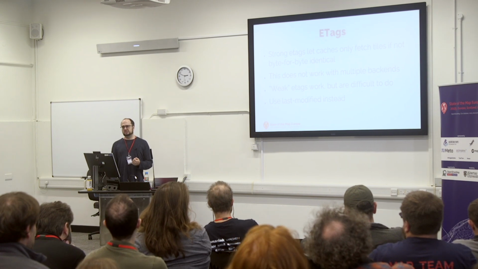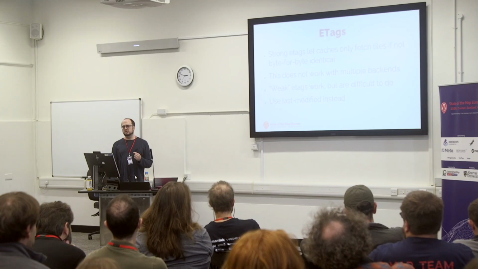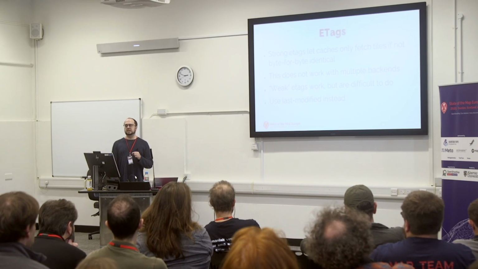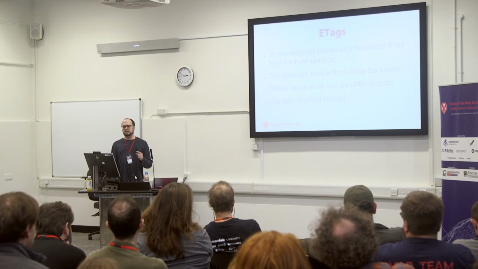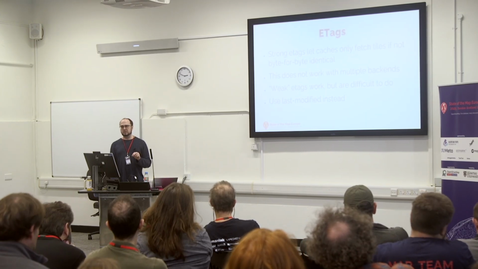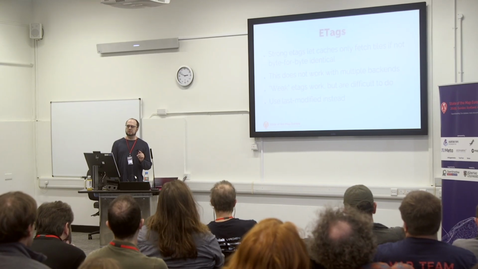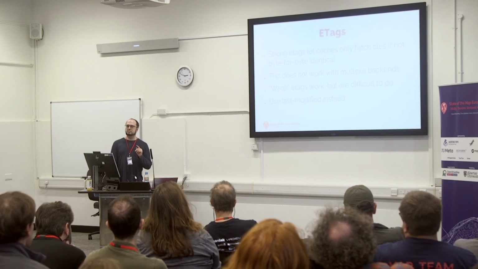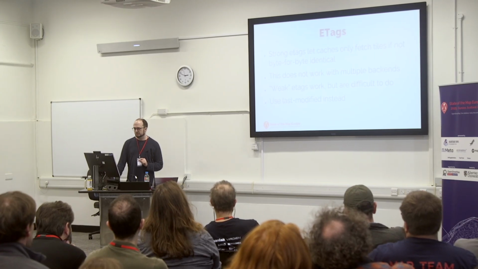The problem is that for various reasons, two tiles with the same contents may not be byte for byte identical. That means they have different e-tags. So if you have one tile that's on two different backends with different binary representation and different e-tags, you can get a flip between one and the other, and ruin your caching.